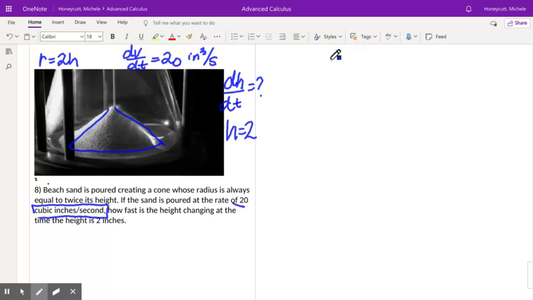So let's come up with the volume of a cone. When I say come up with, I mean you can Google the volume of a cone and come up with that formula. But the volume of a cone is 1/3 pi r squared times the height.